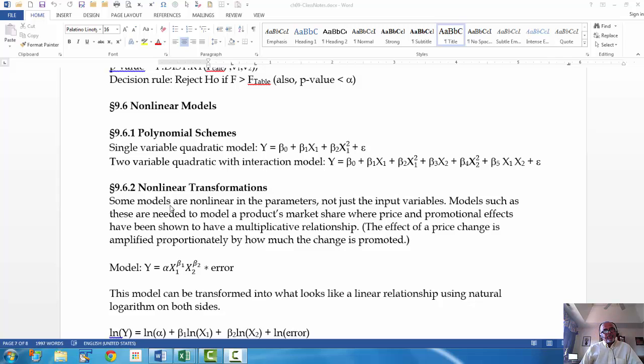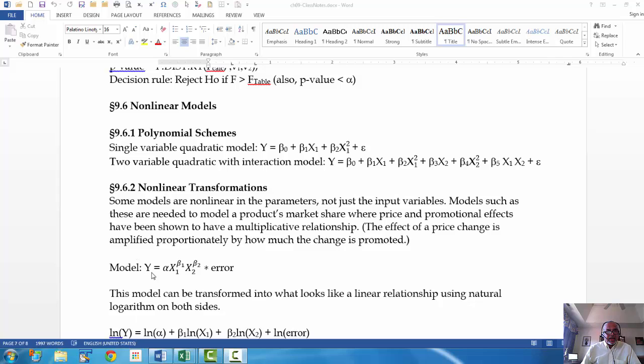Another category of nonlinear model is if the model appears something like this: alpha times x sub 1 to the power of beta sub 1, times x sub 2 to the power of beta sub 2, and then times an error. You cannot just transform x sub 1 and x sub 2 into other columns in this case, but you can take a logarithm on both sides.